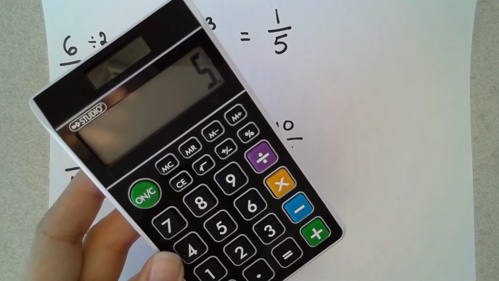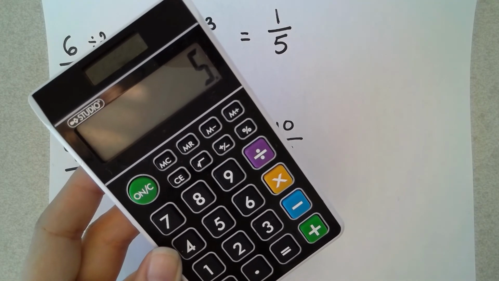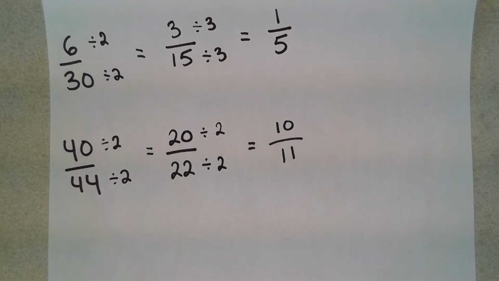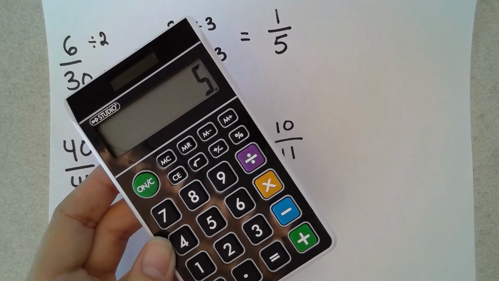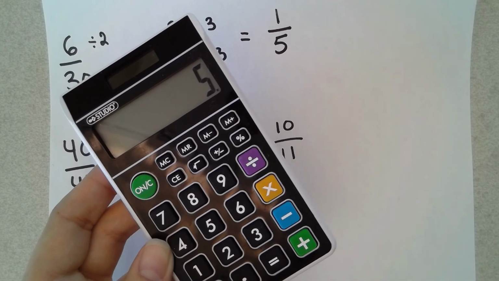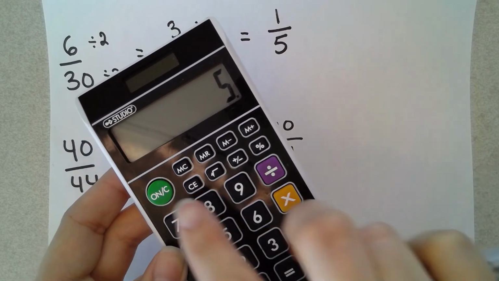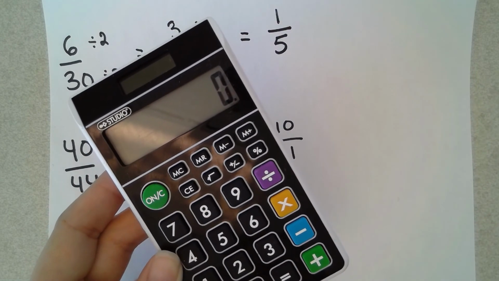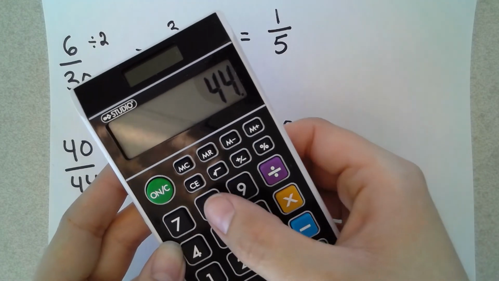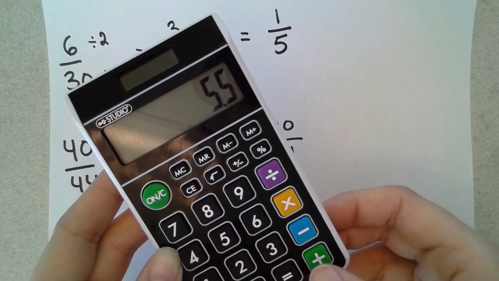So now we're not done though, because we also need to check the bottom number too, which is 44, because it needs to be able to go into both numbers evenly. So even though we do have 40 divided by 8 as a whole number, let's now check 44 divided by 8 equals.